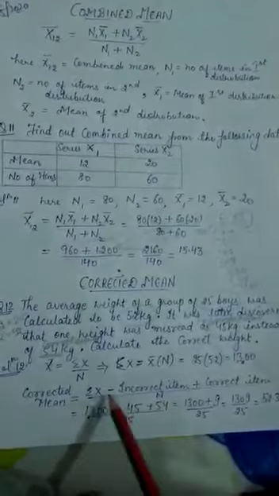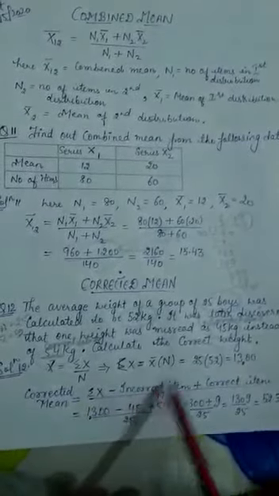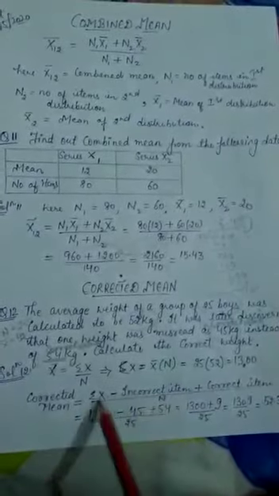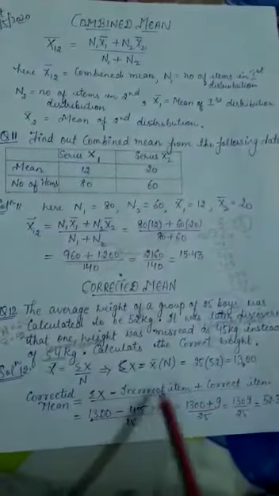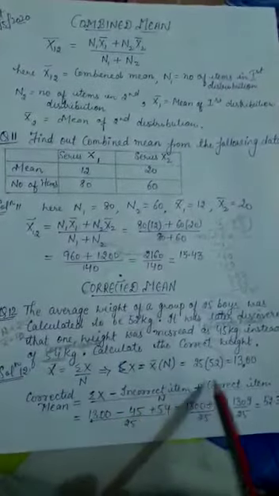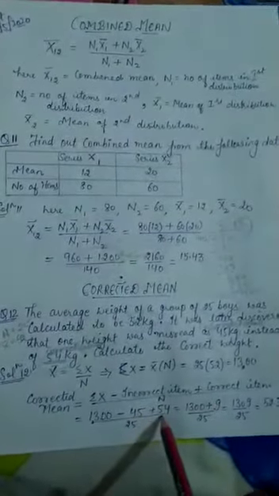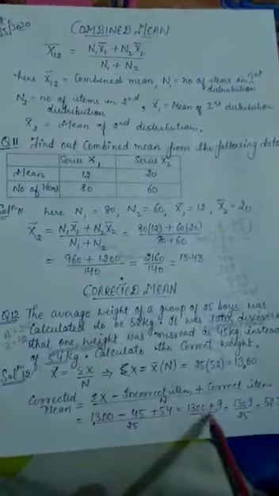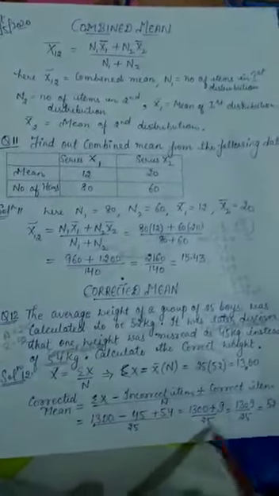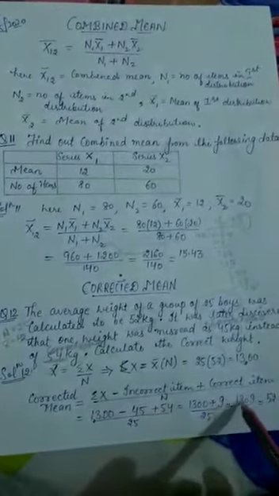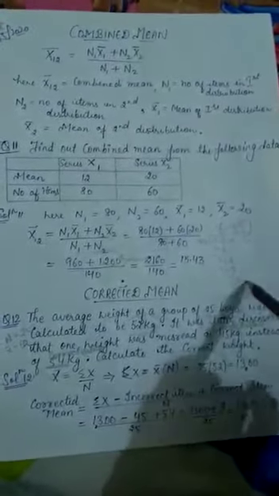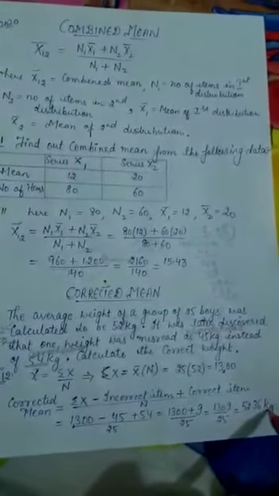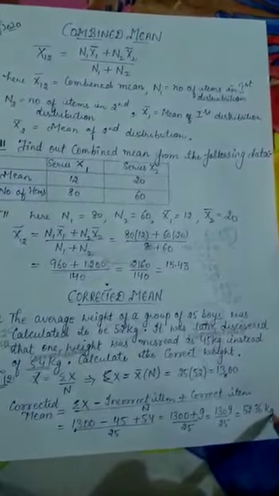Correct mean will be sigma x minus incorrect item plus correct item, upon n. Sigma x is 1300, incorrect item is 45, correct item is 54. When you do this calculation using integers, you will get 1300 plus 9 upon 25. Like this you can divide and you will get the answer 52.36 kg as your correct mean.